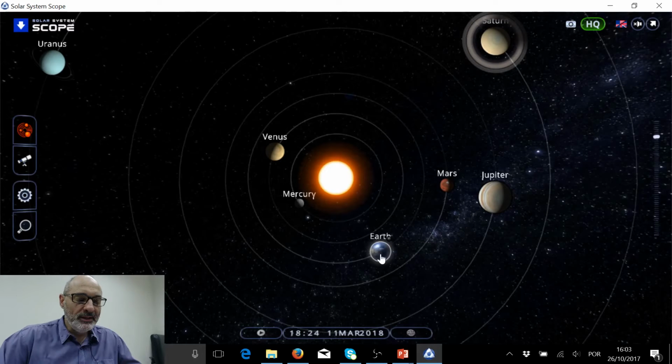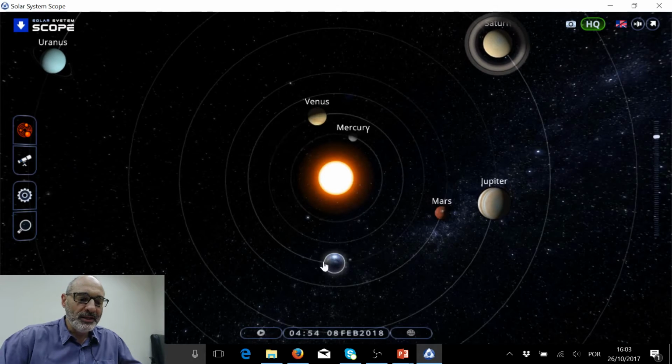Things are not to scale here. And in this situation, Earth is actually being accelerated. Why? Because Jupiter is attracting Earth here, and also Saturn in this situation.